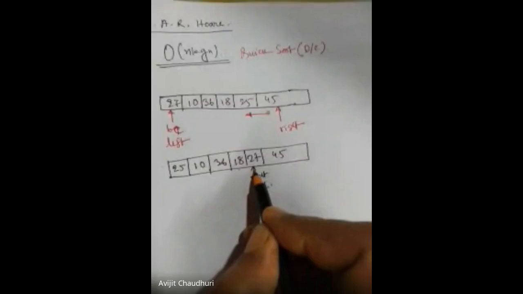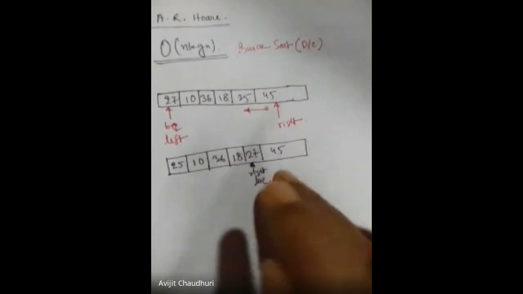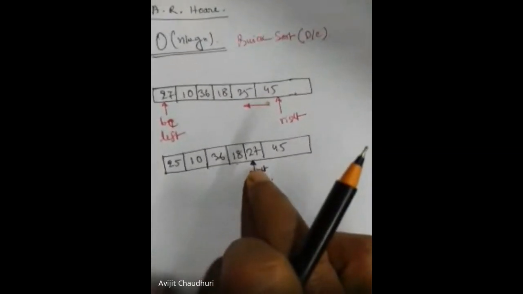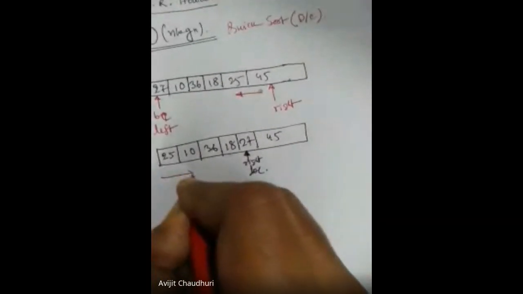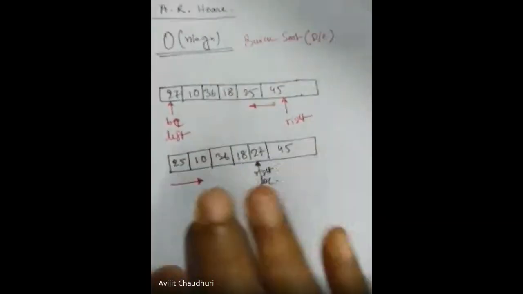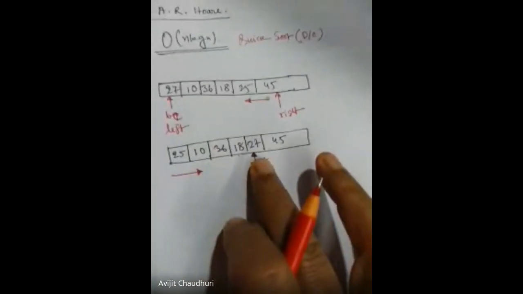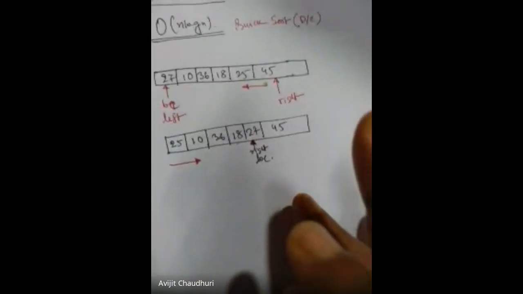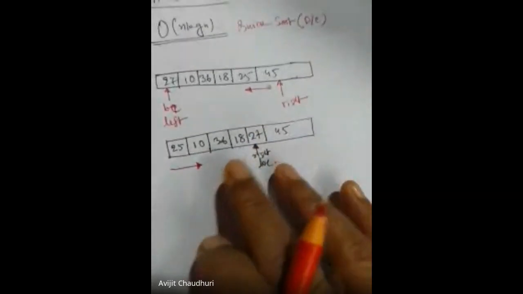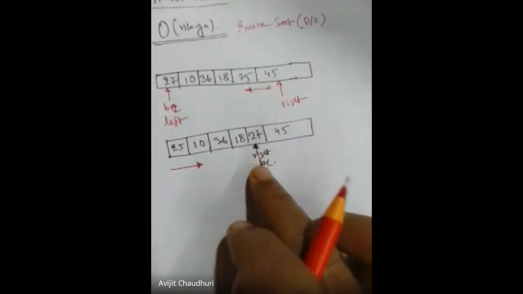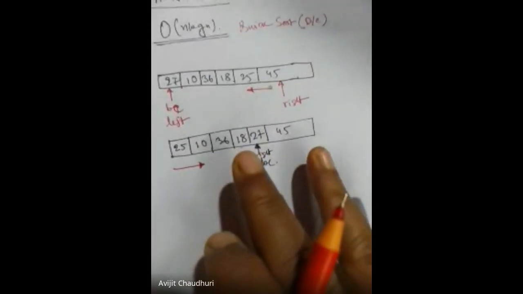Now this pointer will be fixed every time. This will be the fixed location, and we will scan the elements from left to right. And if we find any larger element than that, it will be swapped. Just the reverse case. If we find any larger element than this one, we will swap.